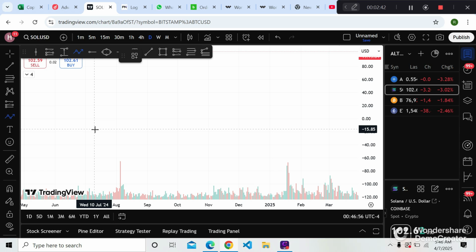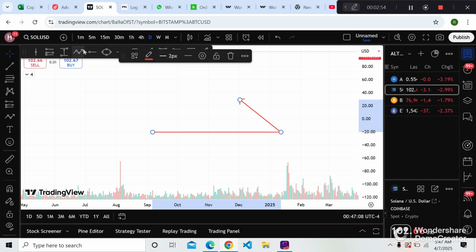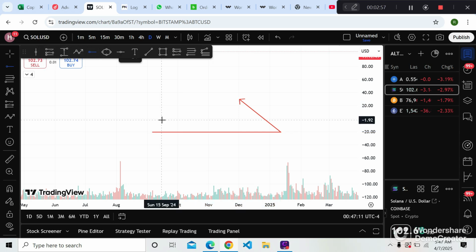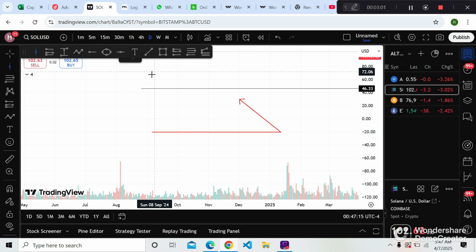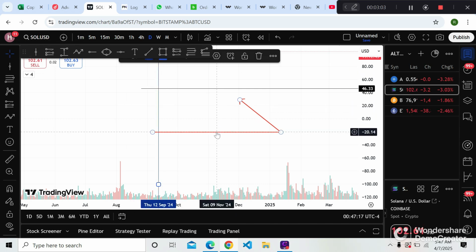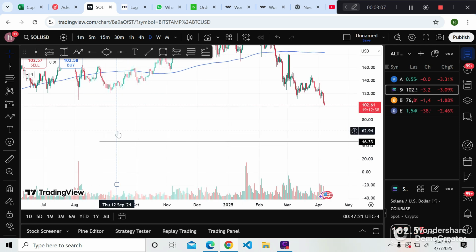So you look for a clean horizontal support and resistance. This is our horizontal. Sorry about that. Let's say this is our horizontal support here, and this is our horizontal resistance at the top. I'll be taking this away. I don't want to show you the chart just yet.